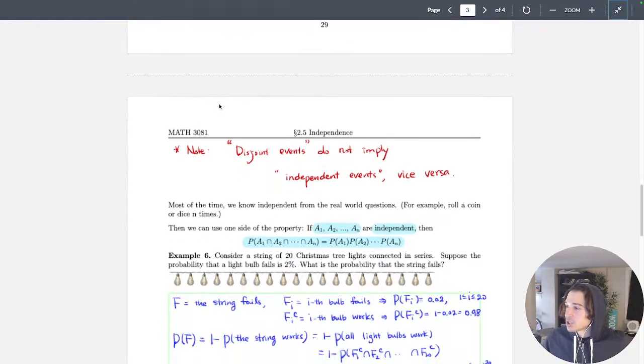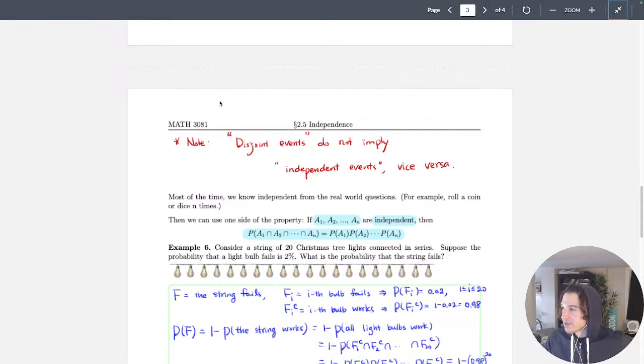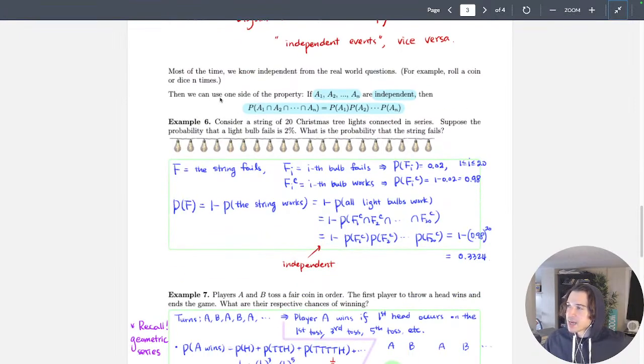So note, disjoint events do not imply independent events, and vice versa. Most of the time we know independence from real world questions, for example, rolling a coin or dice n times. Then we can use one side of the property. If A1, A2 to AN are independent, then probability of A1 intersect A2 and so on equals probability of A1 times probability of A2 and so on.